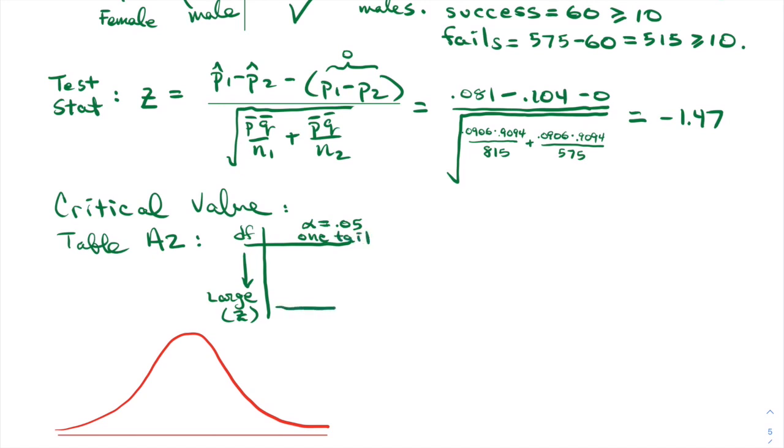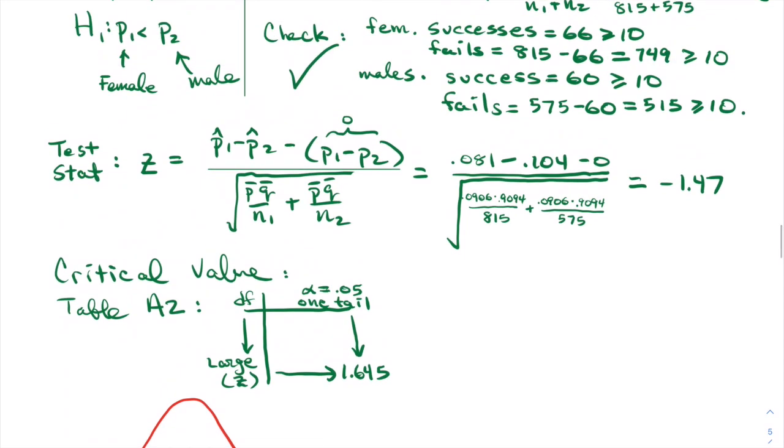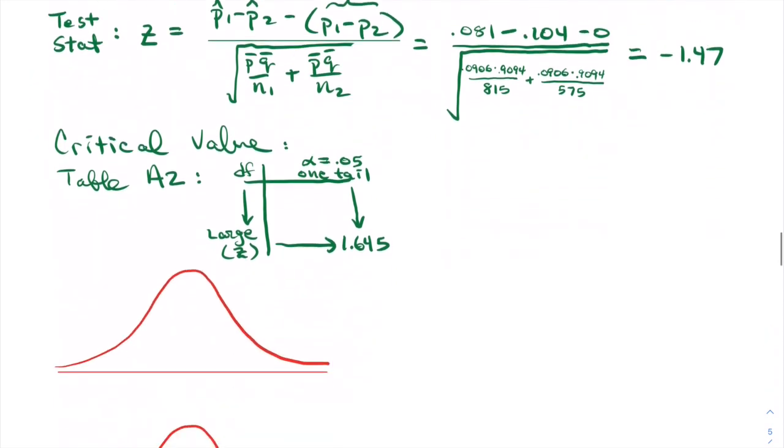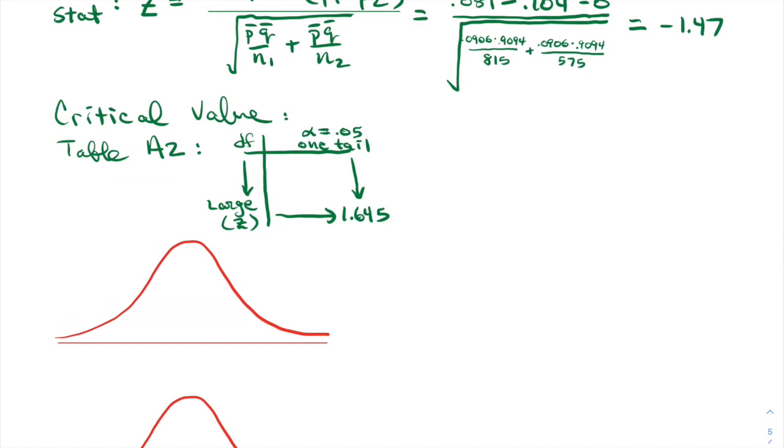Okay, and when you look that up, looks like it's going to give you a 1.645. And this is a left-tail test because H1 points to the left here. Makes it a left-tail test. So I think I'll move this guy over here.